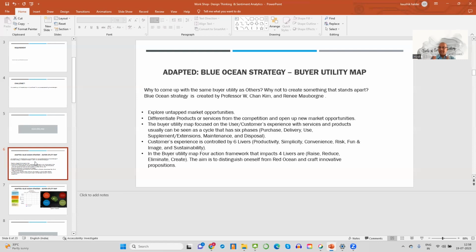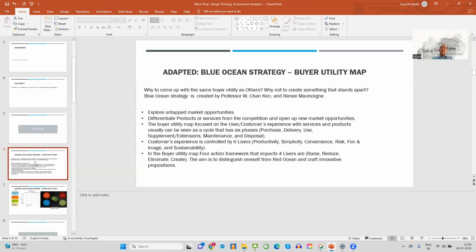Again, these 6 levers are controlled by 4 other impactful levers. How much can be raised to give a better experience to the customer? How much can be reduced to give a better experience to the customer? So it has raise, reduce, eliminate, create.